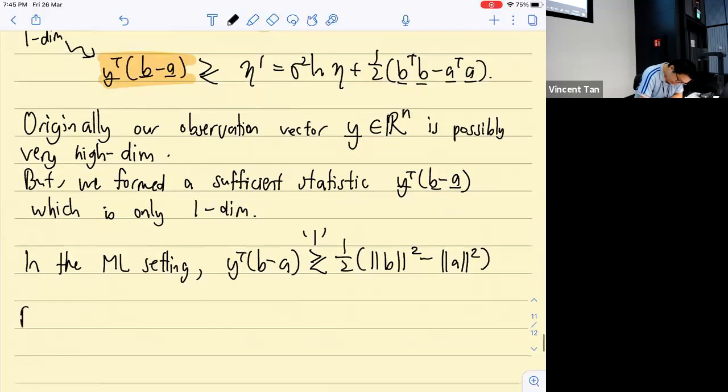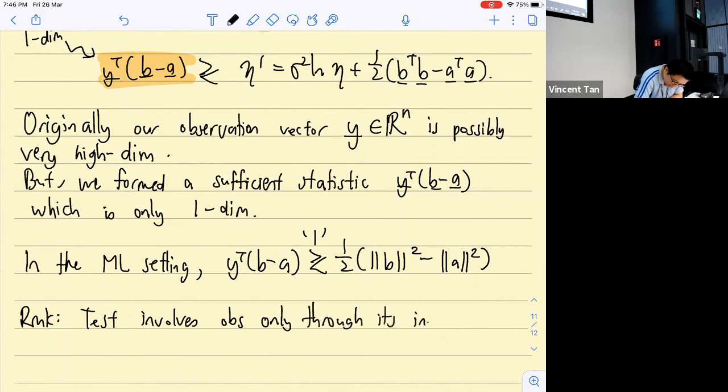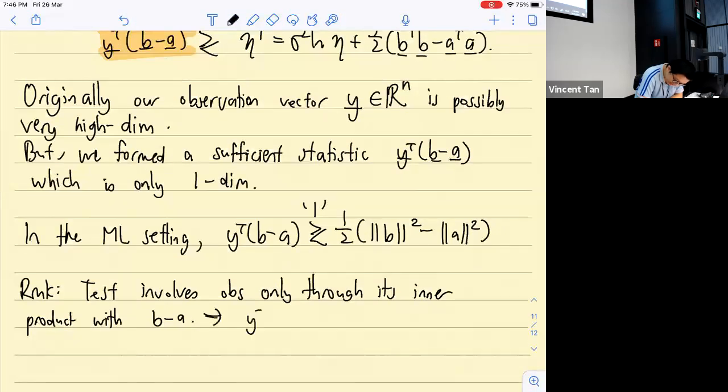So let me remark that the test involves observations only through its inner product with B minus A. Okay, so this means that Y transpose B minus A is a sufficient statistic for our binary hypothesis test in this case here.